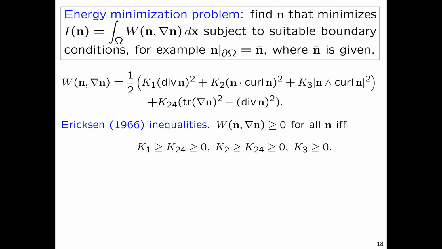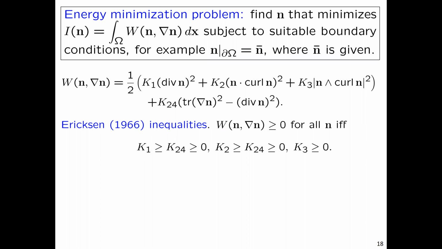An initial calculation that is interesting is to see when this W can be bounded below, which is the same as saying when it's non-negative. Ericksen showed, in fact, that W is bigger than or equal to 0 for all n if and only if these inequalities hold.